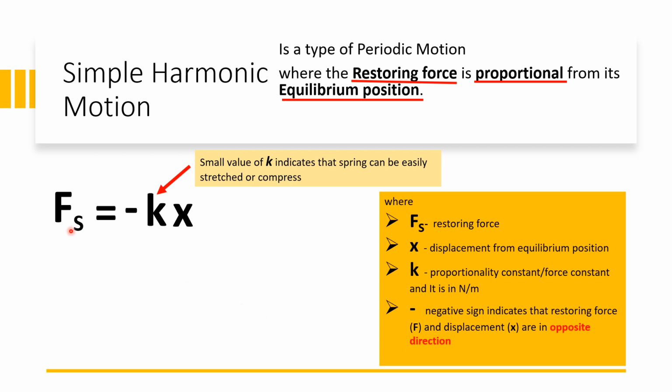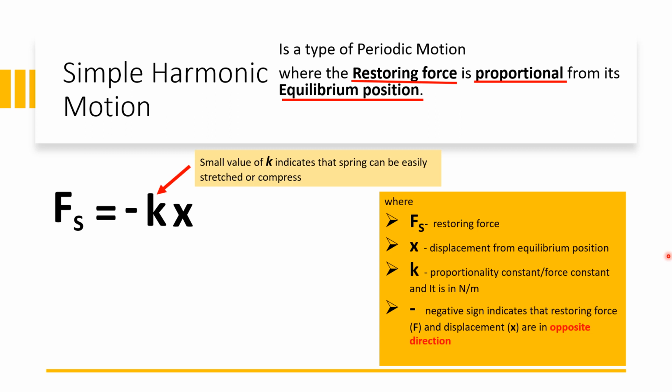So kung ang ating force daw ay pakanan, yung ating displacement naman pakaliwa. So kapag ang displacement naman ay going right, ang ating force naman ay left. So to denote the direction of that, the formula will have a negative sign.